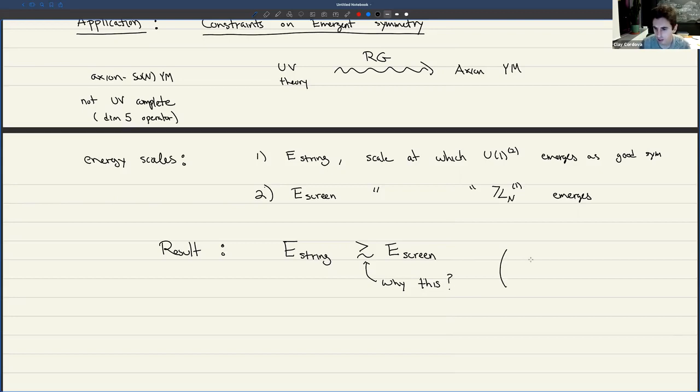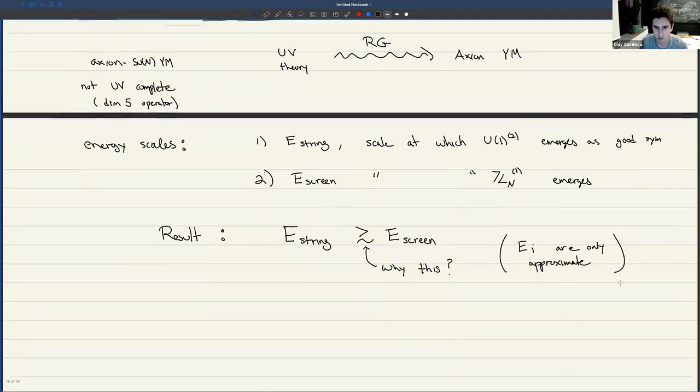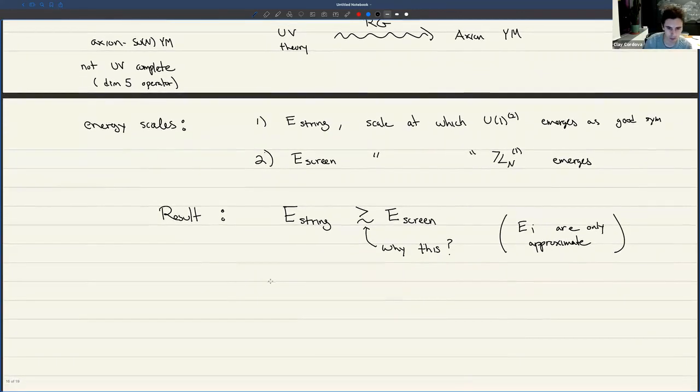Well, these scales are only approximate. The energy scales that I defined above, I only defined them approximately. So I can't give you a sharp inequality. But what I mean by this result is that the converse is impossible.